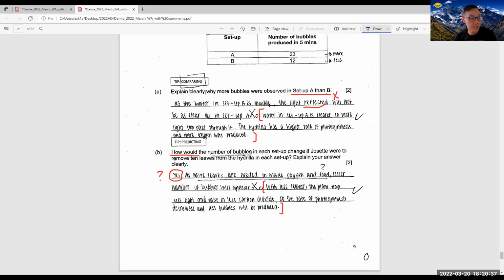With fewer leaves, the plant traps less light. Less leaf will trap less light and take in less carbon dioxide. So the rate of photosynthesis decreases and fewer bubbles will be produced. So take note, for this type of 2-mark questions, you must show the relationship clearly.